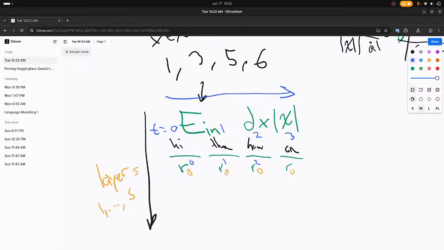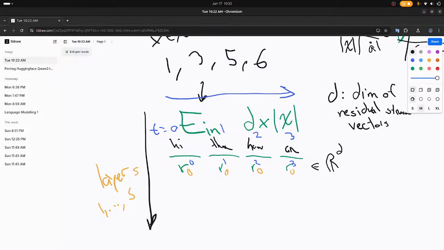So this is where we are now, and we could say they are all vectors in R^d, where d is the dimensionality of the residual stream vectors.